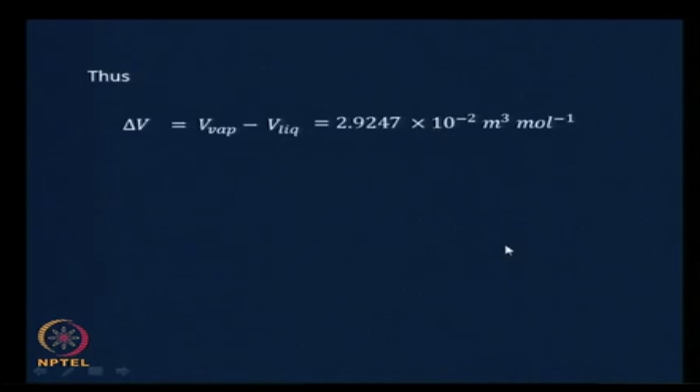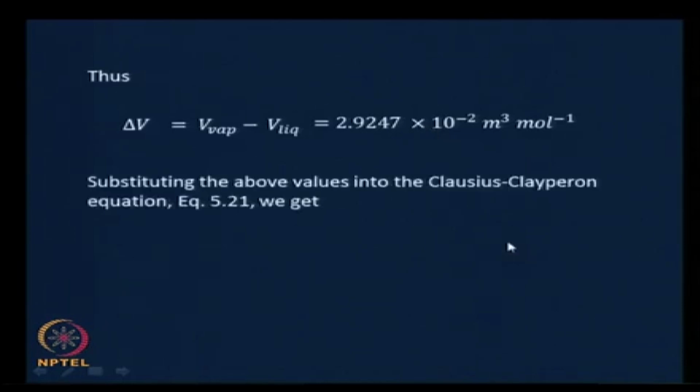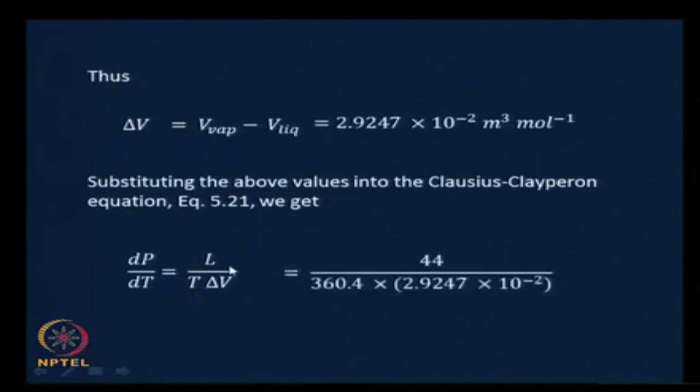This was the only thing that was needed for us to get dP dT, and we substitute this, dP dT equals L by T delta V. L was 44 given earlier, T 360.4 the temperature of interest, and delta V 2.9247 into 10 power minus 2, we get 4.174 Pascal per Kelvin.